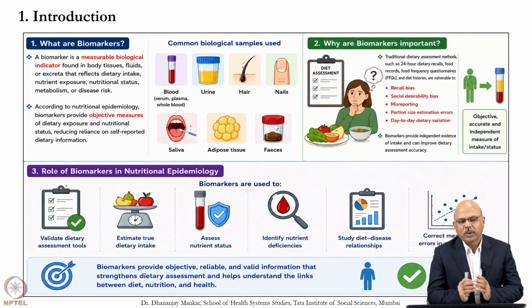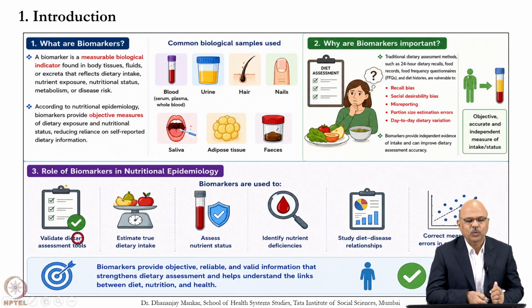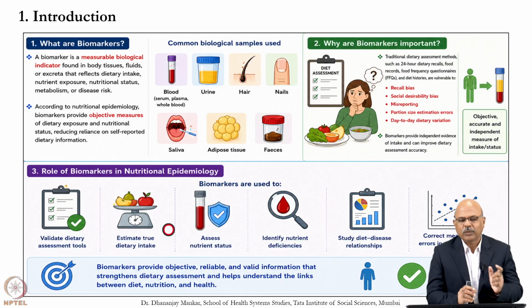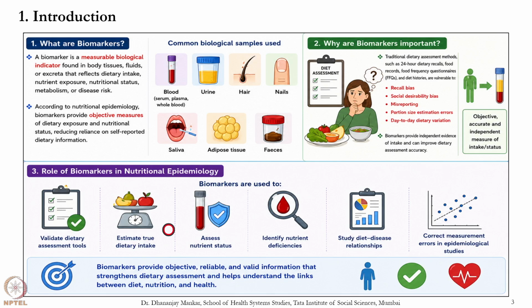What is the role of biomarkers in nutritional epidemiology? They validate the dietary assessment tools, they estimate the true dietary intake, and biomarkers are used to assess nutrition status. They identify nutrient deficiencies, which is a peculiarity of biomarkers. They also help study diet-disease relationships. Also, biomarkers correct measurement errors in epidemiological studies.